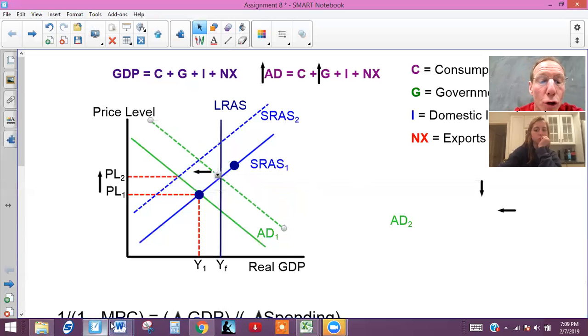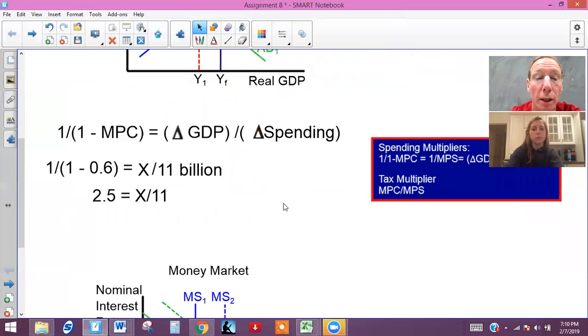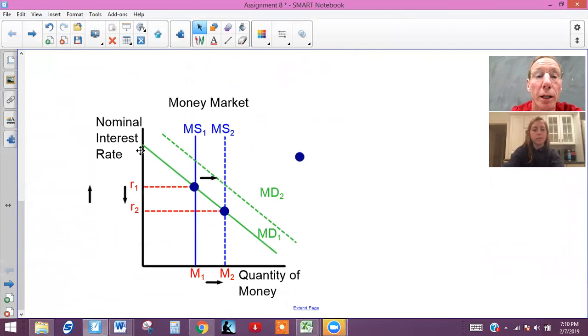Now, monetary policy is controlled by the Federal Reserve Bank, and it's simply controlling the money supply. We don't need to get into detail about how they do it. We'll read about that and see videos about it in chapter 15 or 16. Just know that the Federal Reserve Bank controls the money supply of the economy, and that's shown on this money market graph I've pulled up.